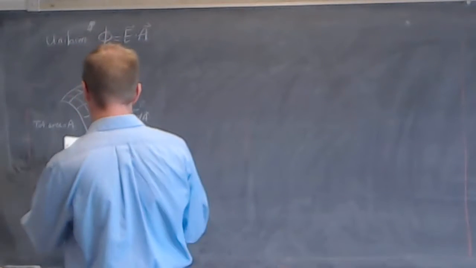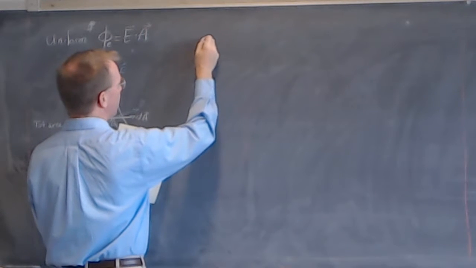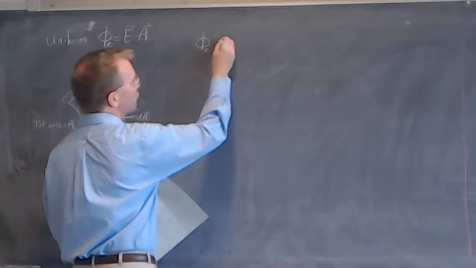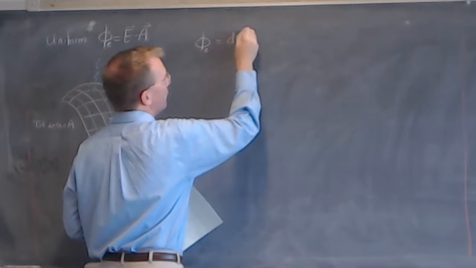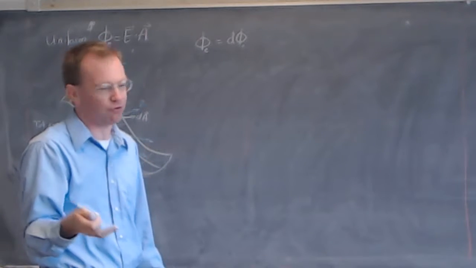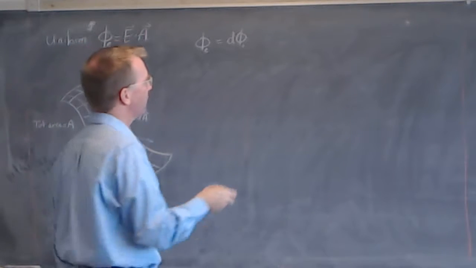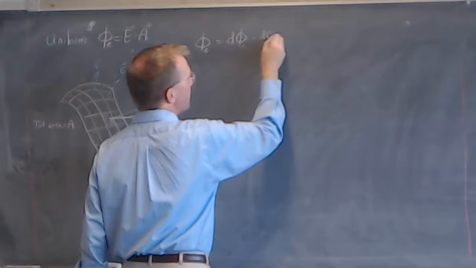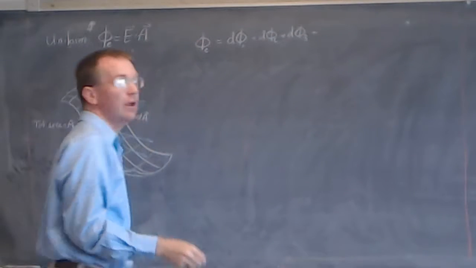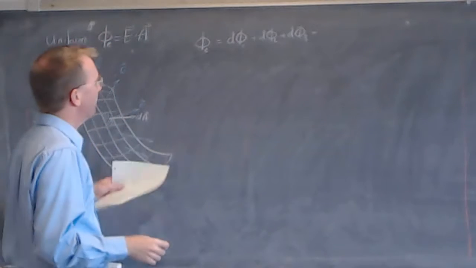So what I'm going to do is I'm going to say that the total flux, phi sub e, is equal to d phi sub, well, I'm going to drop the subscript e for now because we know it's electric, and I need to use the subscript space to write in piece number 1, piece number 2, and so on. d phi 1 plus d phi 2 plus d phi 3 plus so on like that, because fluxes add, just like charges add, forces add, vectors add, and so on.